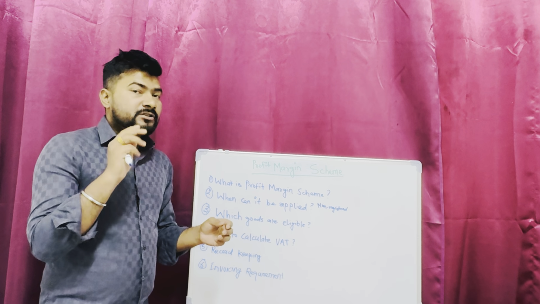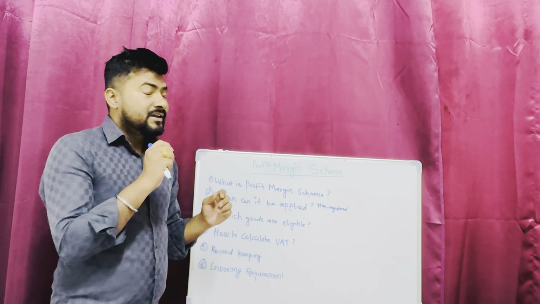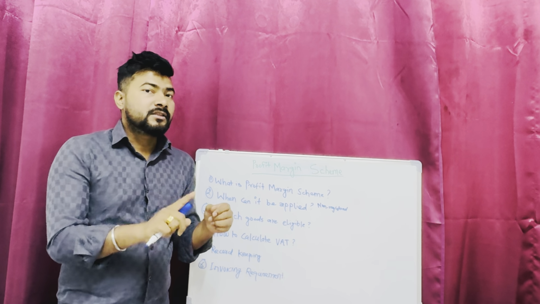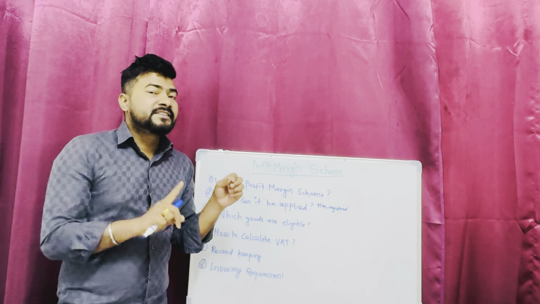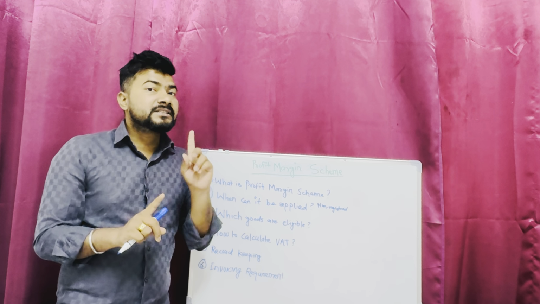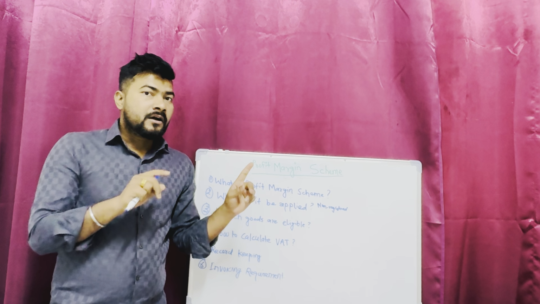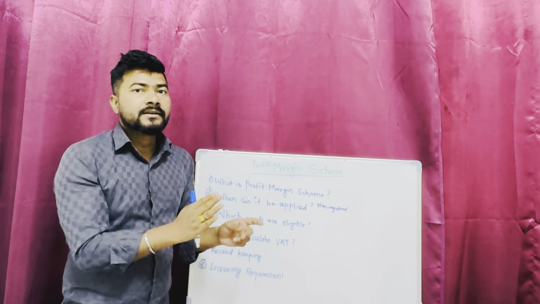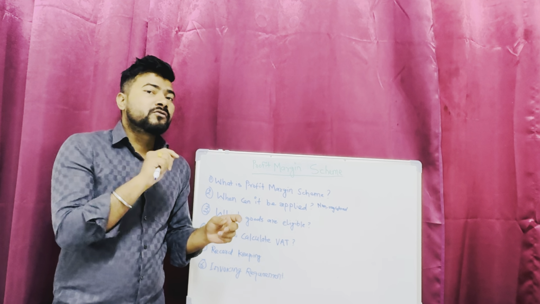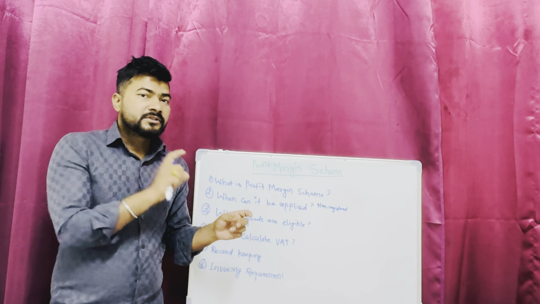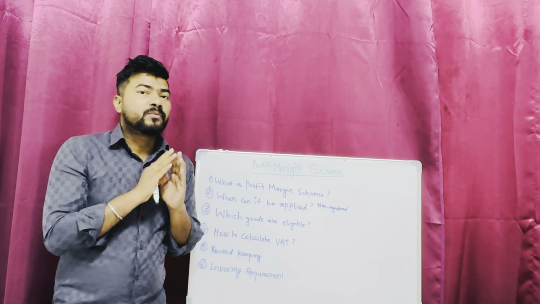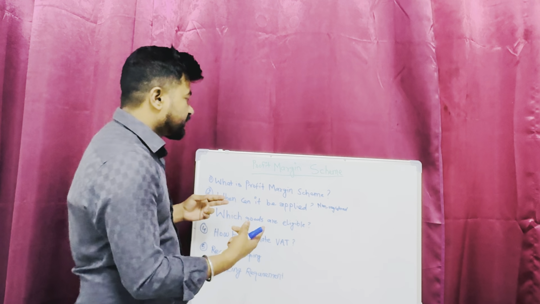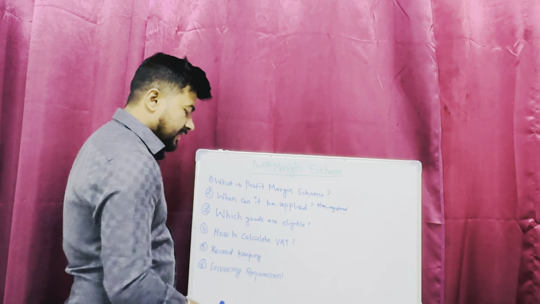So before applying the profit margin scheme, you must assess two conditions. The goods must be purchased from non-registered suppliers or those already applying this scheme, and input VAT should not be recovered on such goods. Input VAT is blocked, it means. If these two conditions are satisfied, this profit margin scheme can be applied.